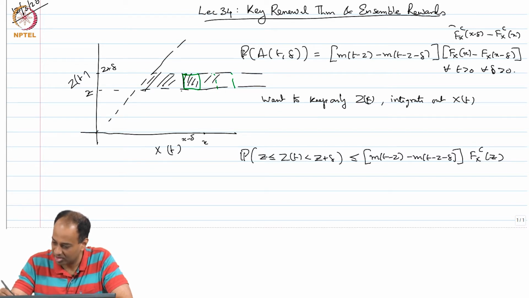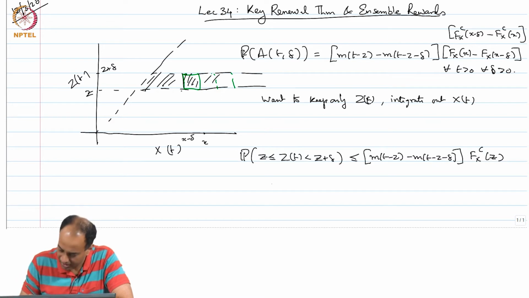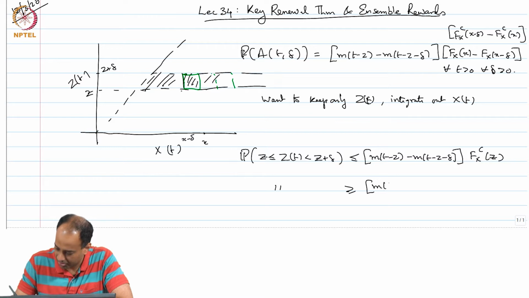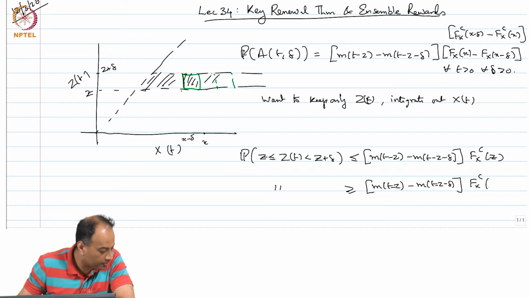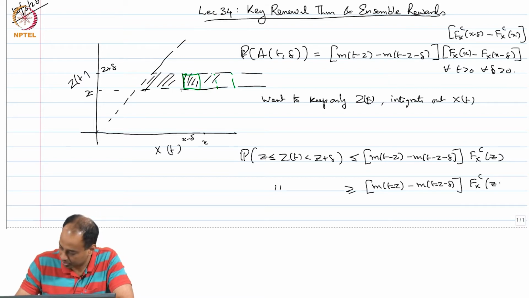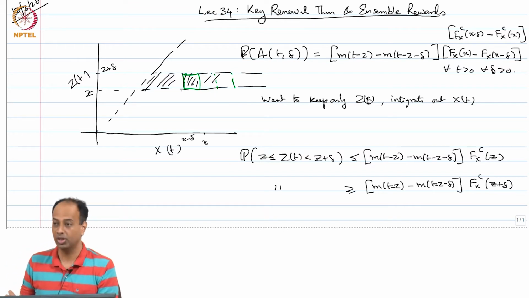The same quantity is lower bounded by m(t minus z) minus m(t minus z minus delta) times F_X complement of (z plus delta).